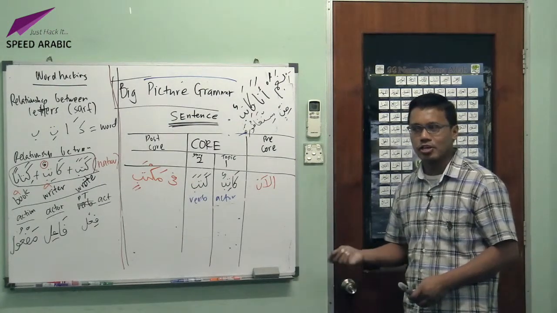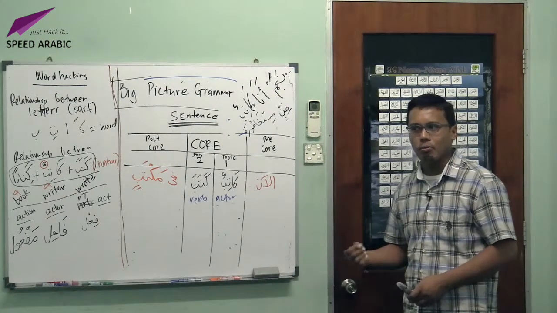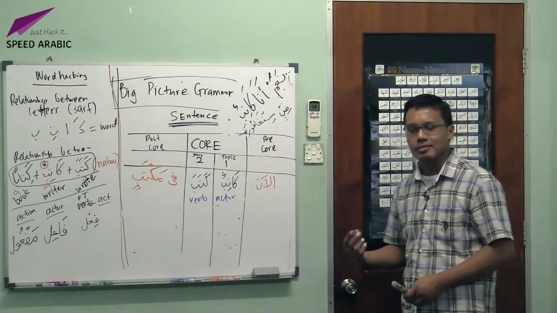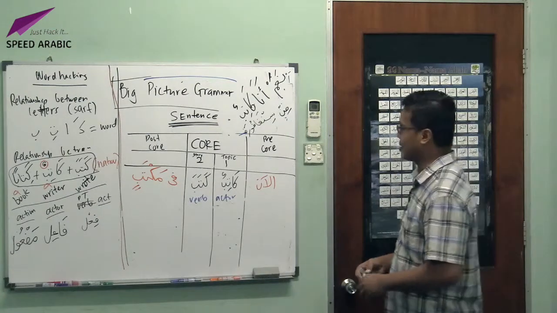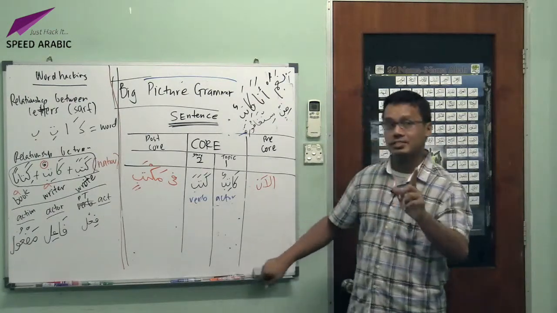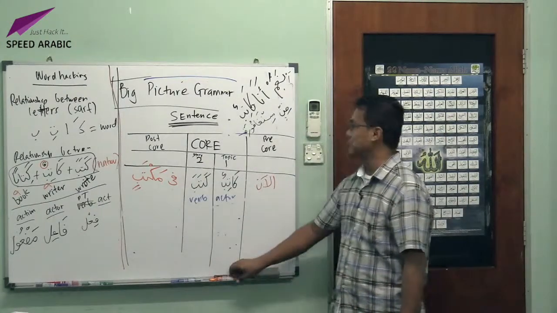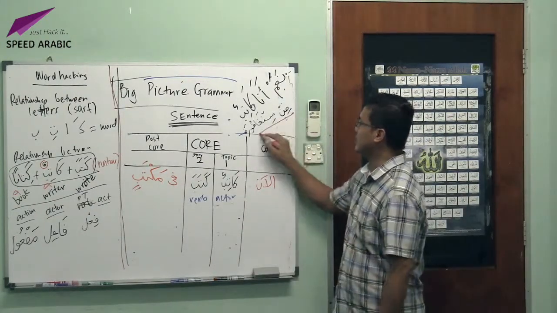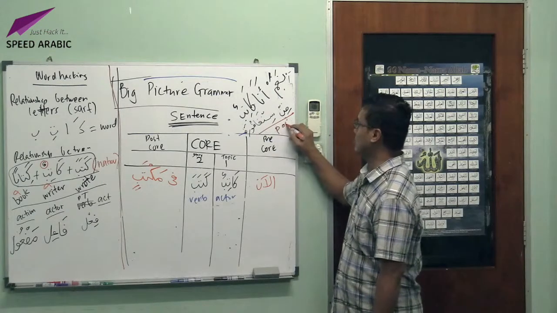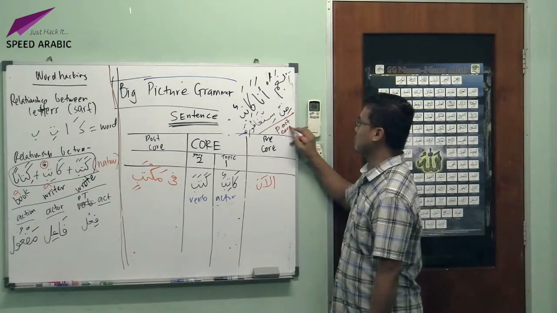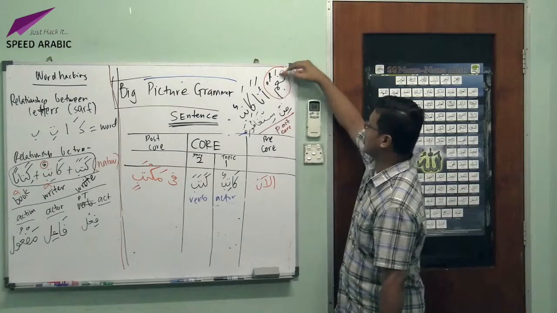It is talking about who, what. Okay, the easiest way is to identify the post-core. Where's the post-core? Min Singapore. This one is the post-core. What's the pre-core? Naam is the pre-core.